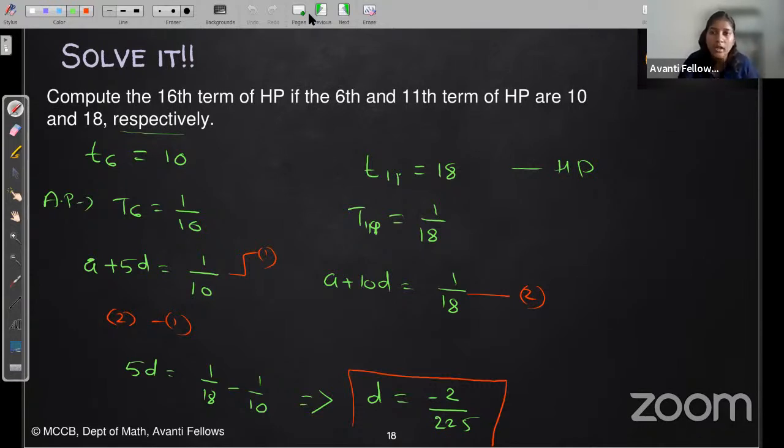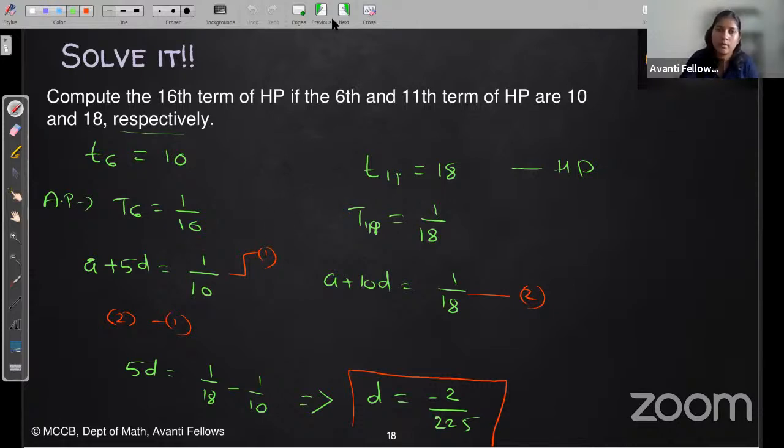So is it clear to you all? Whenever they ask about HP and give terms, just convert that HP into AP and then solve it, because we are more familiar with AP terms and can easily compute it. And then at the end, whatever term value we get, just take the reciprocal of it. This is how you have to solve HP problems. If this is clear to you all, then we'll go to the next part.